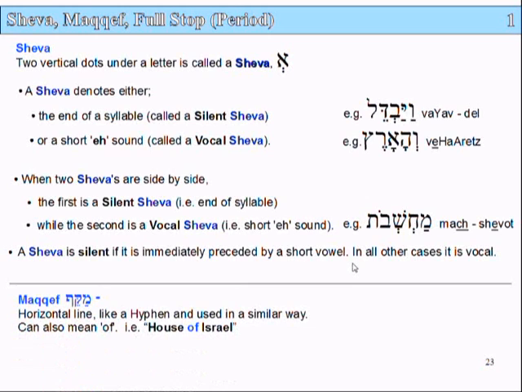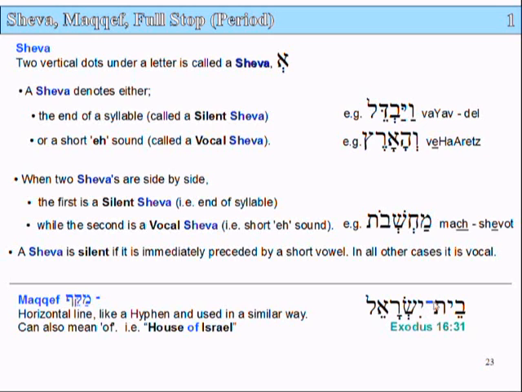Okay, now there's another little symbol that you see often. It's a little horizontal stroke that looks like a hyphen, and it's used in a similar way, and it can also mean "of," or can imply ownership, that something belongs to something, or something is of something. For example, sometimes you'll find the word Beit Yisrael, or House of Israel.